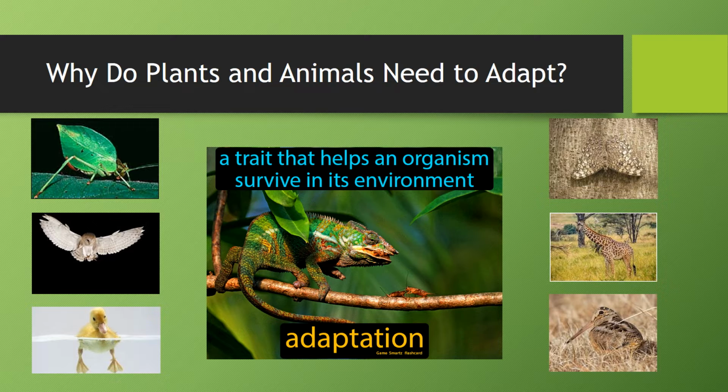Some of them are not found around here, but some of them are. And I challenge you, based on what information I gave you on the previous slide, pause the slideshow and list out some of the adaptations you can see in this slide.